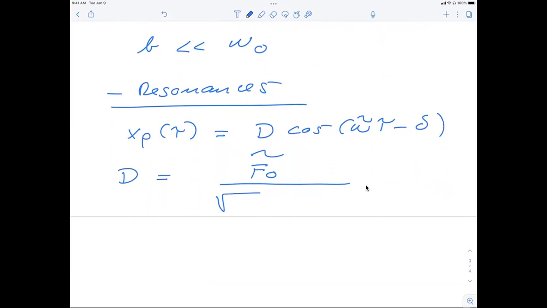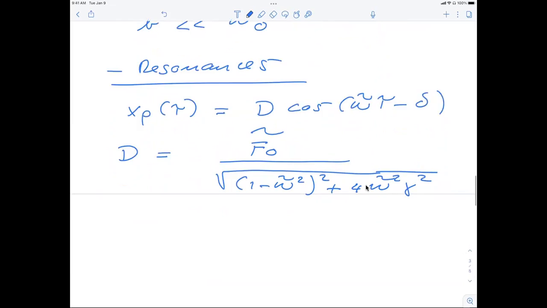And we found that this D is given mathematically by something which looks like this, squared plus 4 times omega squared times this parameter gamma squared. And these are the parameters which we defined a little bit earlier.